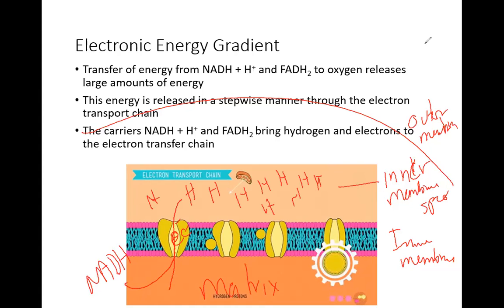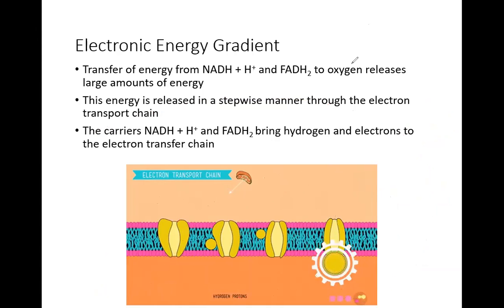The only way to get those hydrogens out of there is for them to go through this device here called an ATP synthase. As that goes around, it produces ATPs. I know it sounds strange, but that's exactly what happens. So let me show you here.